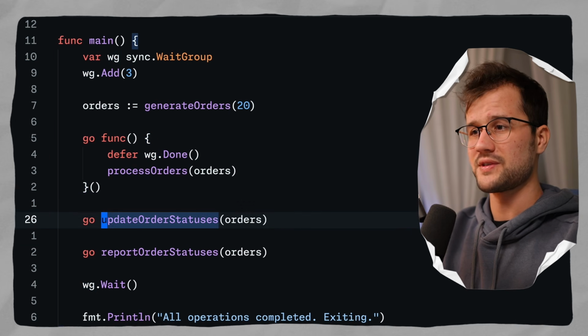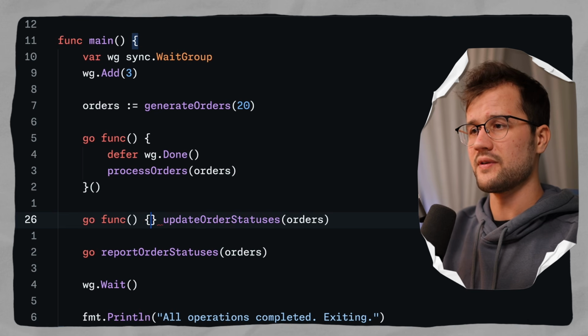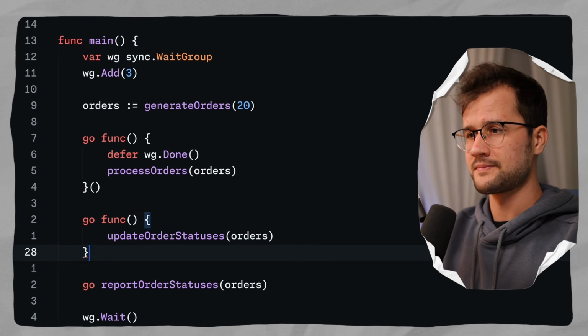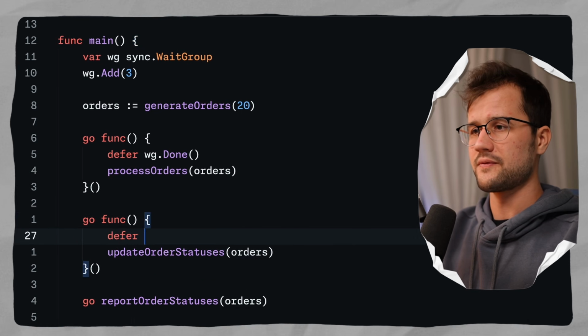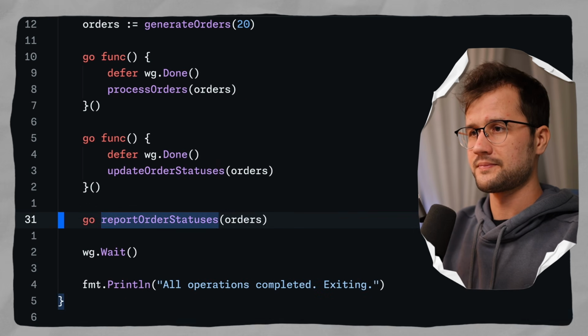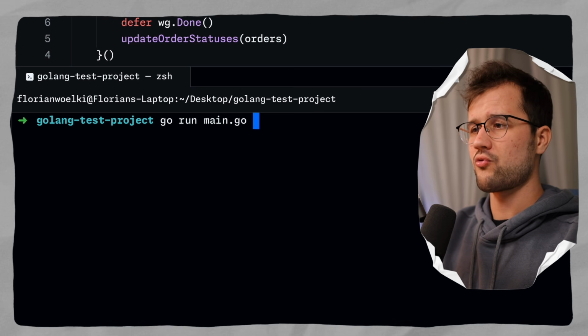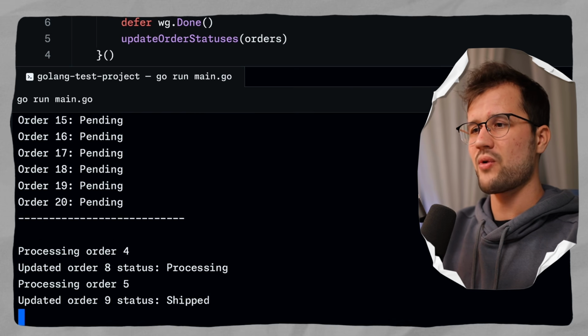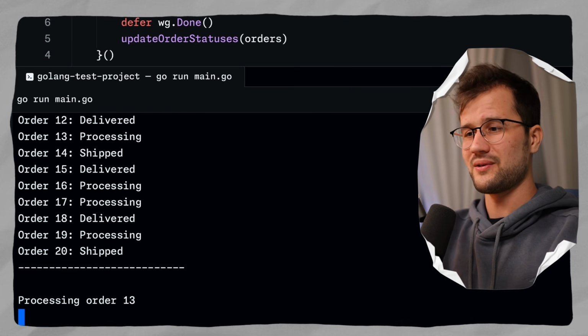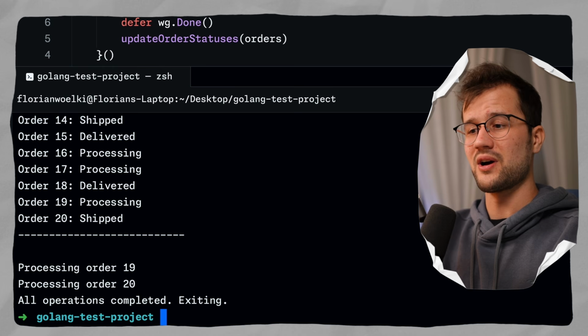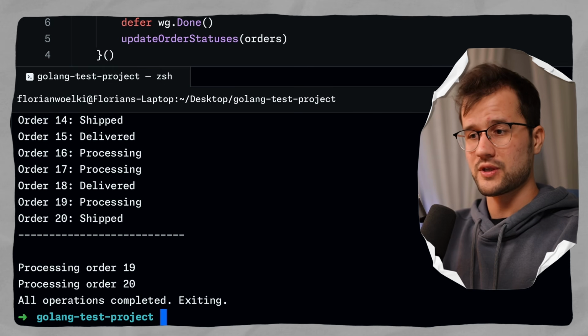Now we're going to do the same thing with the other functions as well. So we're going to say defer wg.Done, and then the same thing here. Now if we run this program, basically all the functions are now run concurrently, which is pretty cool, right?